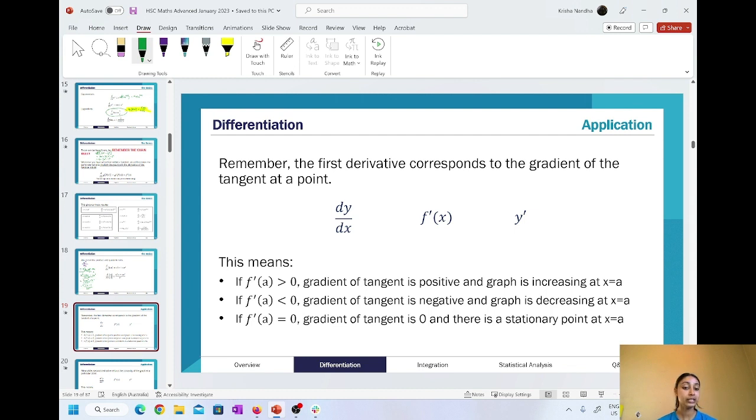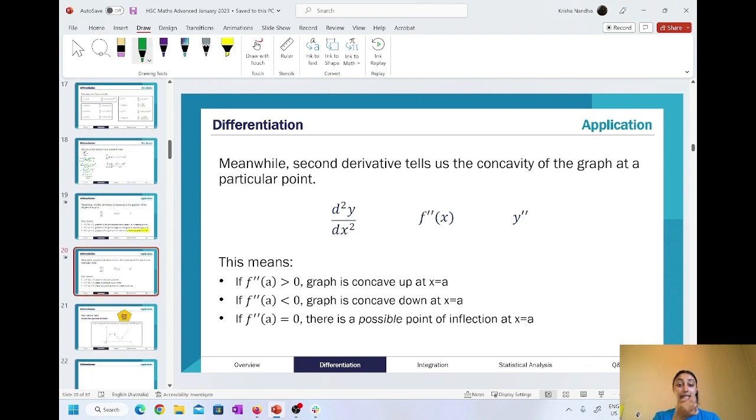Okay, and what it actually means, if f dash of a, so at any given point, is positive, then the gradient is positive, so the graph is increasing. Okay, if it's negative, then the gradient is negative and the graph is decreasing. If it's 0, then the gradient is 0, so it's called a stationary point. Okay, stationary point. That's an important word to know if you're not too familiar with it already.